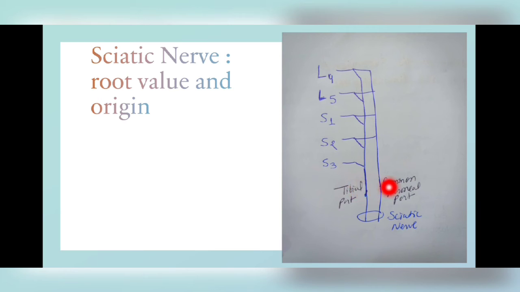So the sciatic nerve has two types of fibers, tibial and common peroneal, which combine to form the sciatic nerve. Sciatic nerve is the thickest nerve of the body.